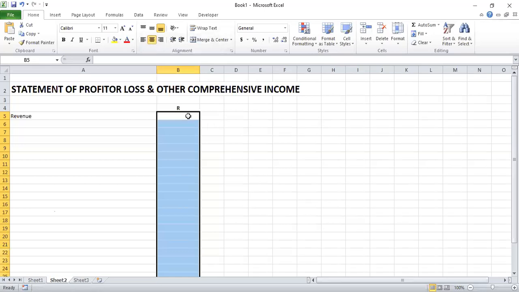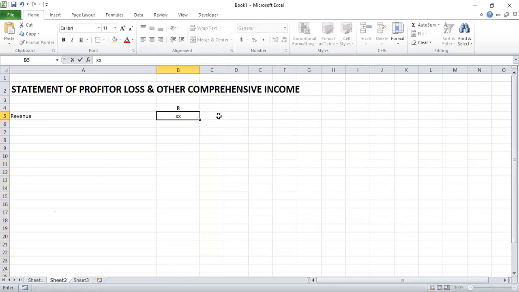Our revenue is equal to the sales minus sales returns minus settlement discount granted.